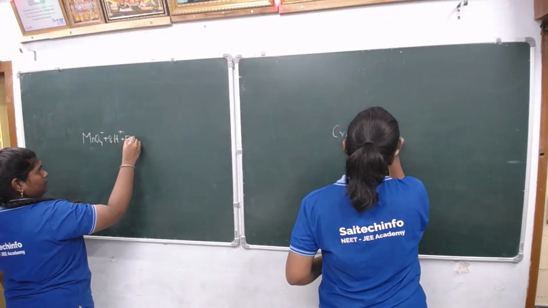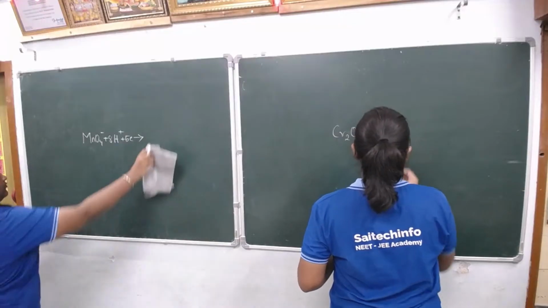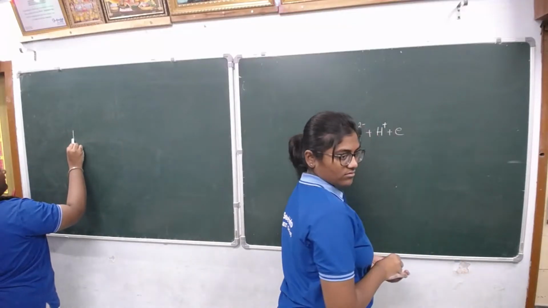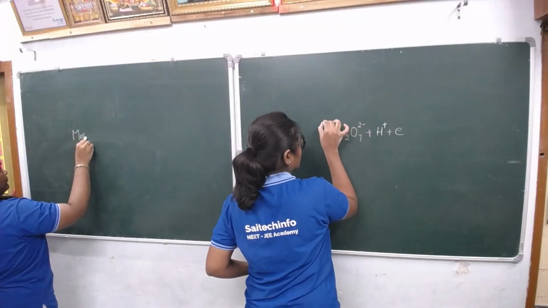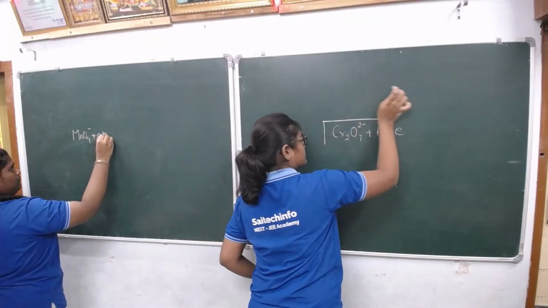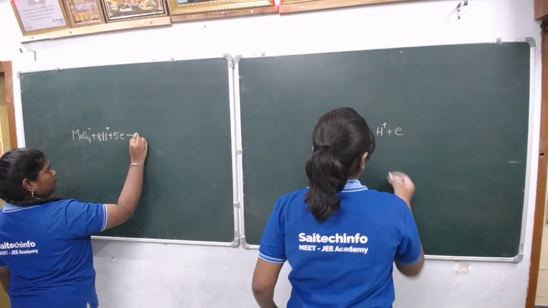I have included every equation here. That comes under d block elements, right? No, balance it. Balanced equation, balanced half cell. Use the balanced half cell reaction.